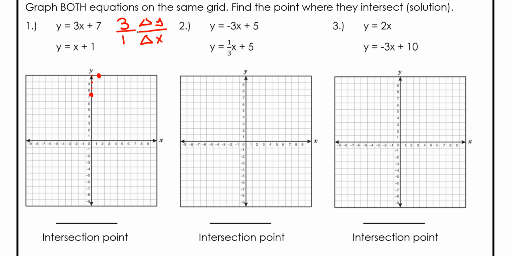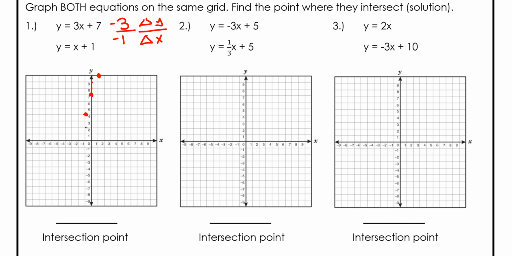So I'm going to take this fraction, 3 over 1, and I'm going to write an equivalent version, which is negative 3 over negative 1. They both have the same value, but by changing both of the signs of the numerator and denominator, I'm able to create more points on my grid. So now instead of rising positive 3 along the y, I'm going to move negative 3 along the y, and I'm also going to move negative 1 along the x.